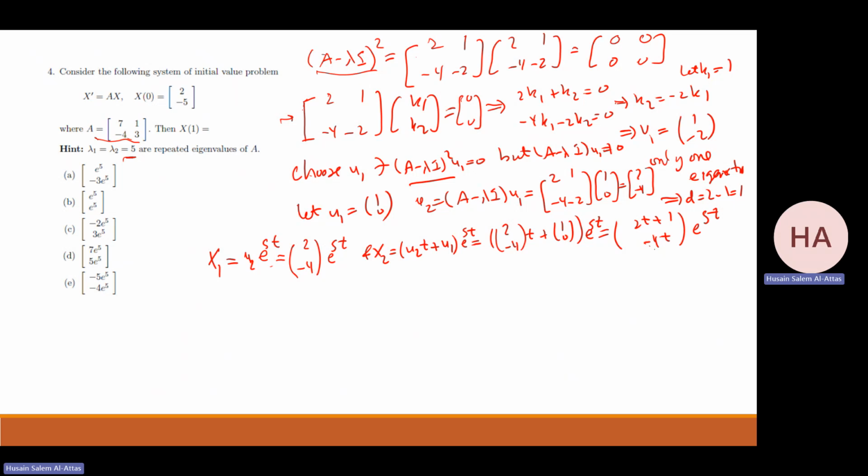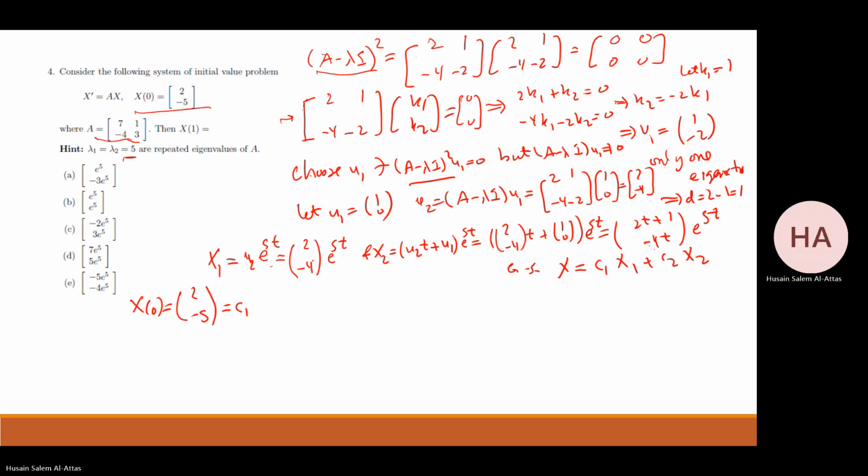Now I need to find the constants. So I have the condition, this is my initial condition. So I have x at 0. What is my general solution? X will be equal to c1 x1 plus c2 x2. So x at 0 is 1, -5. And that will be c1 x1.